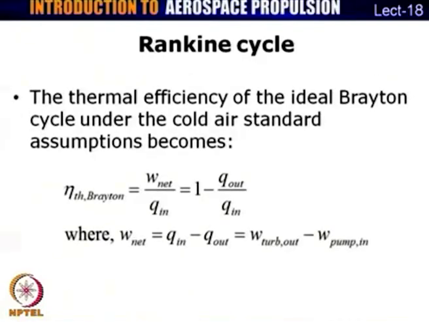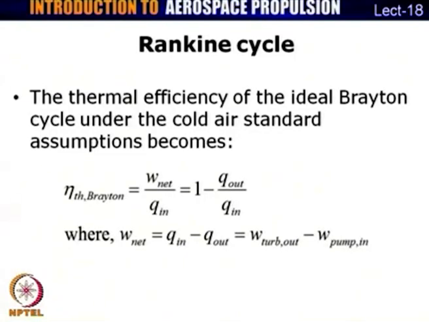So, basically the thermal efficiency of the ideal Rankine cycle can then be determined, and so the Rankine cycle efficiency is W net by Q in, which is 1 minus Q out by Q in, where W net is equal to Q in minus Q out, which is in fact equal to W turbine output minus W pump input.